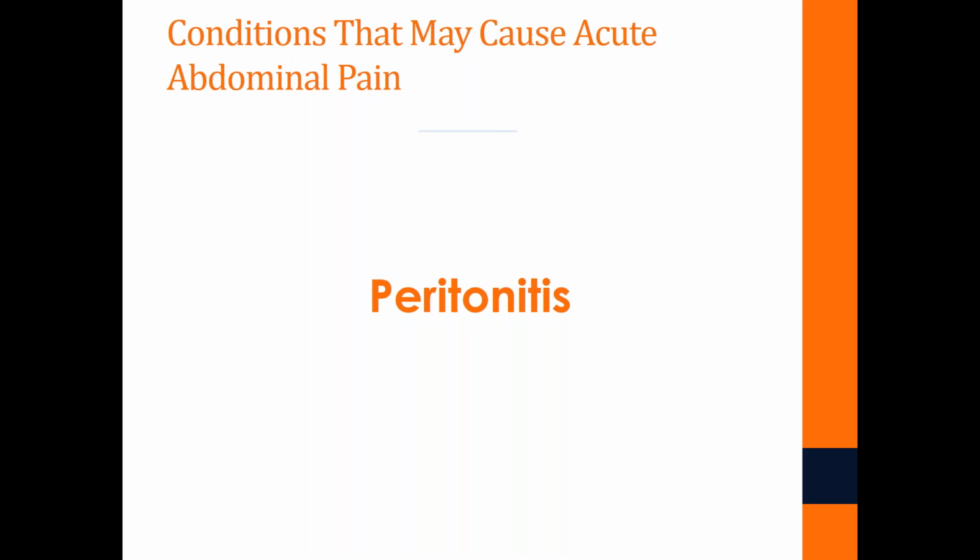Sooner or later, some of that bacteria that's housed in that abdominal contents is going to start to leak out. And it's going to start to leak out into the peritoneal space. And that peritoneal space does not want all of that stuff in it. And when it starts to leak, it's going to cause inflammation, irritation, and pain.